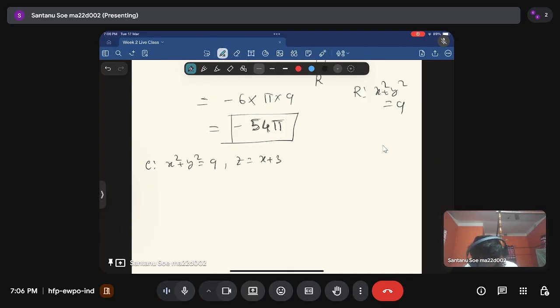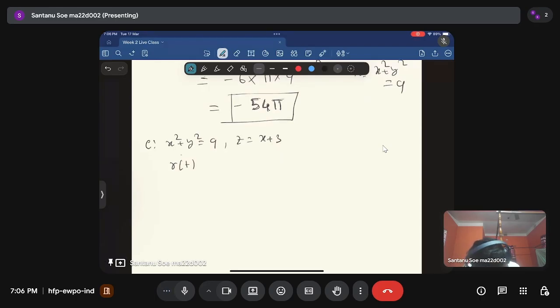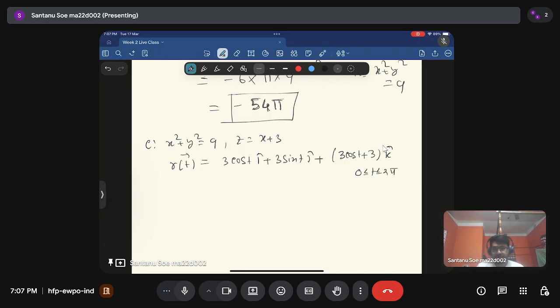Now the parametric form is written as follows: r(t) equals 3 cos t i cap plus 3 sin t j cap, and z k cap, which is 3 cos t plus 3 k cap, where 0 less than or equal to t less than or equal to 2 pi.